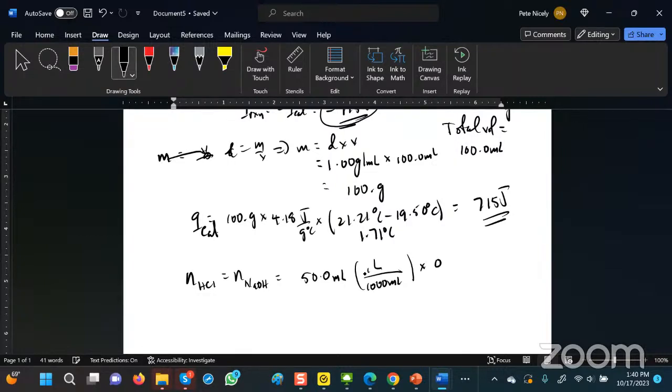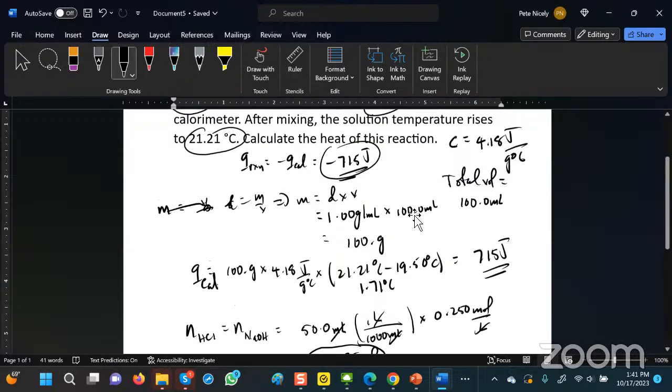And then we'll multiply by the molarity, which is 0.250 moles per liter. So this goes with that, that goes with that. And the answer becomes 50 divided by 1,000 times 0.250. Okay, so according to my calculation, this becomes 0.0125 moles.